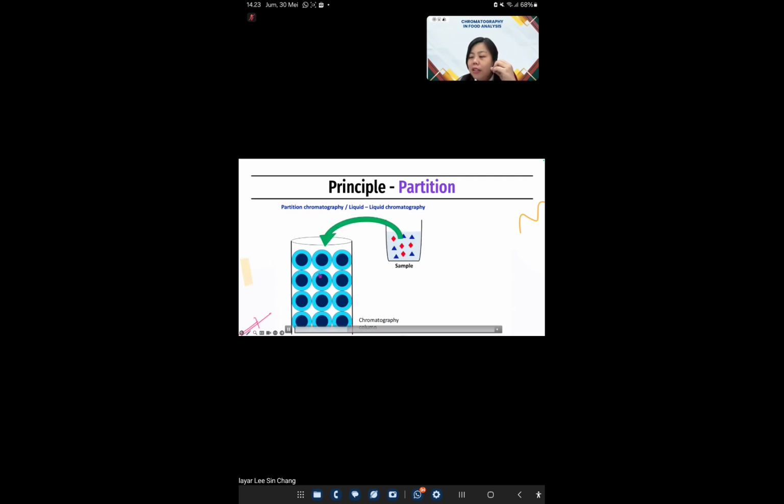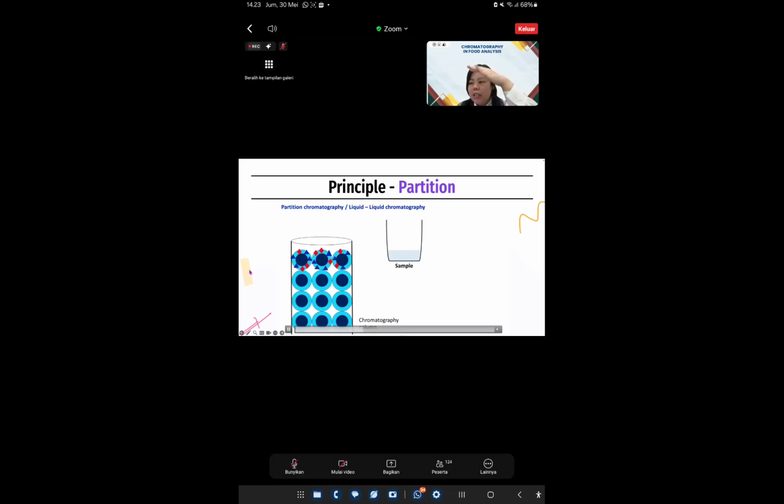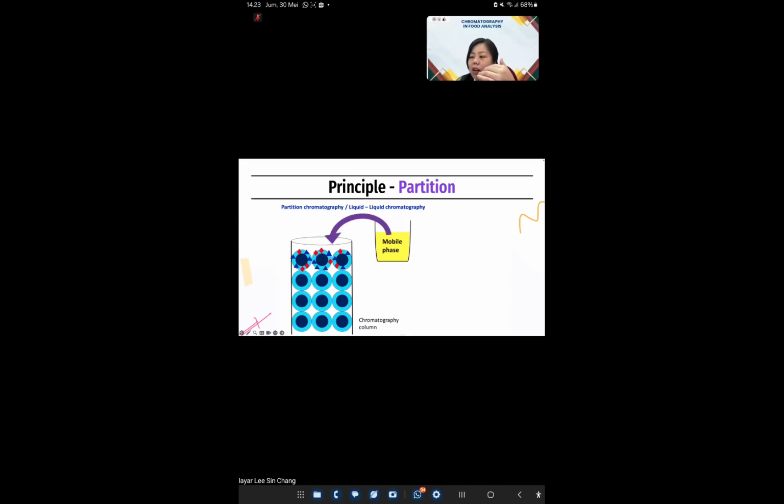Then when you have this column, you can start to inject your sample. Your sample has triangle and square and diamond shapes, indicating different polarity. When you run the mobile phase through your column, it will go through all the stationary phase.